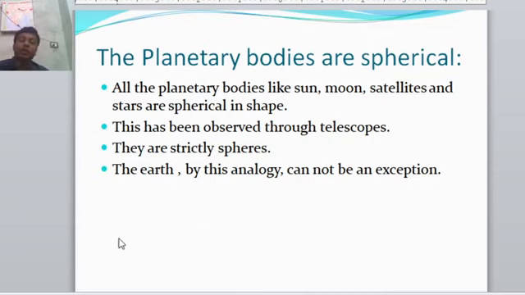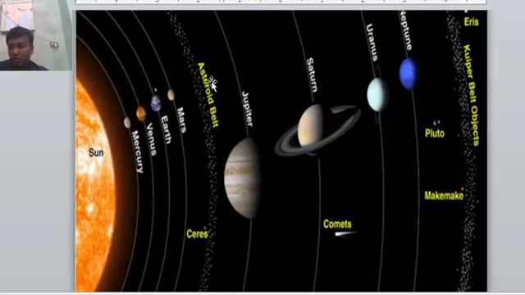The sun looks spherical. The moon, if you see it on a full moon night, is spherical. Satellites, definitely the moon is a satellite. Stars are spherical in shape. This has been observed through telescope. Definitely they are strictly spherical. So it is evident that the earth, by analogy, cannot be an exception. So earth is spherical. Look at this. These all are spherical.